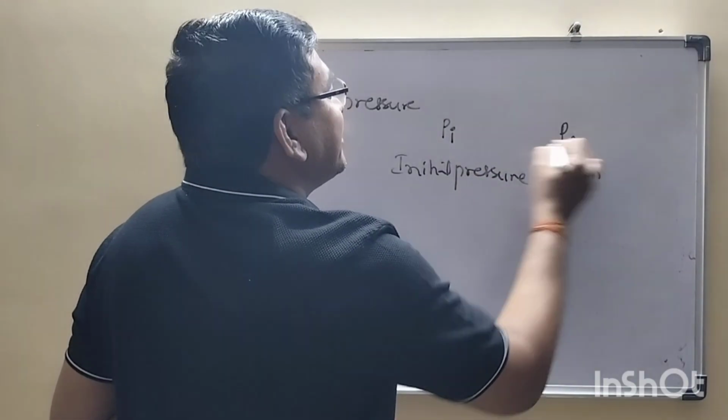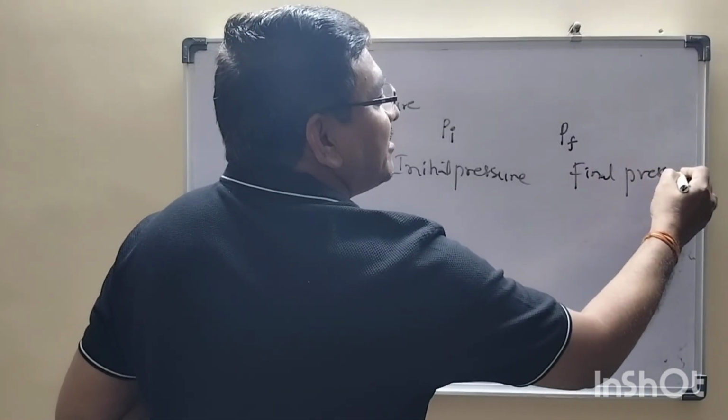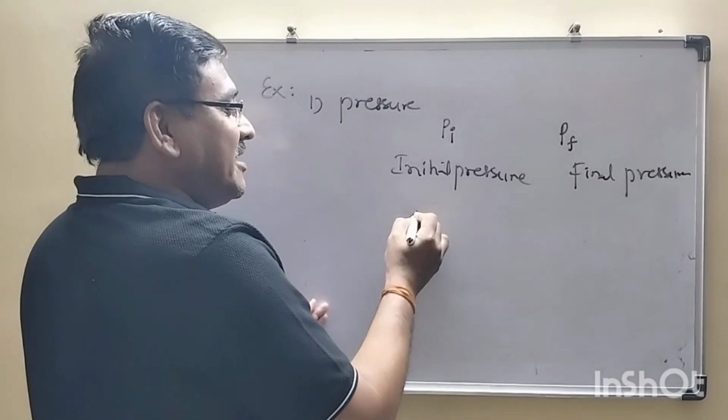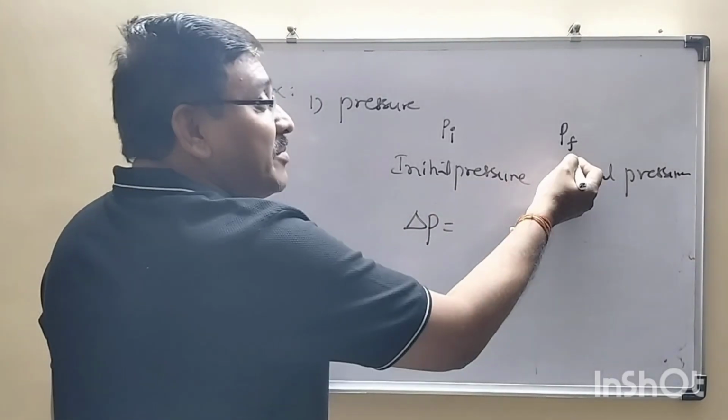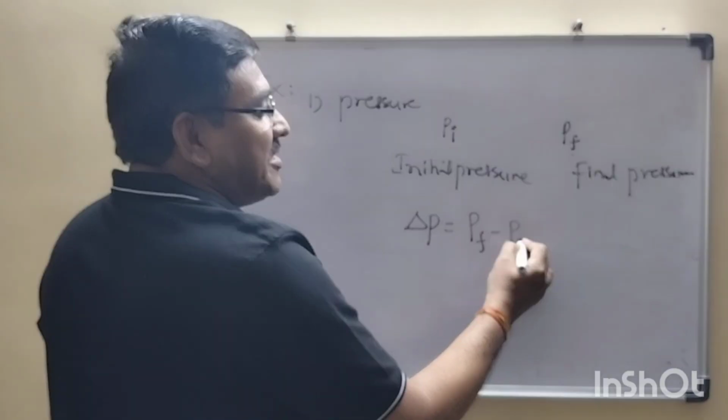There is a change in pressure, delta P, which is the final pressure minus the initial pressure, Pf minus Pi.